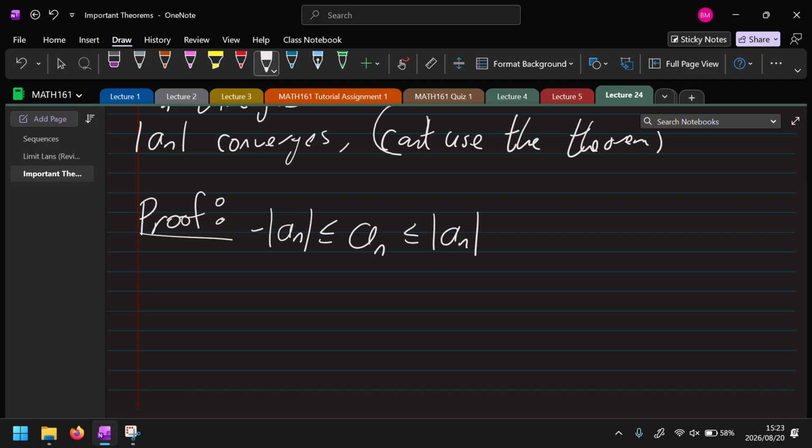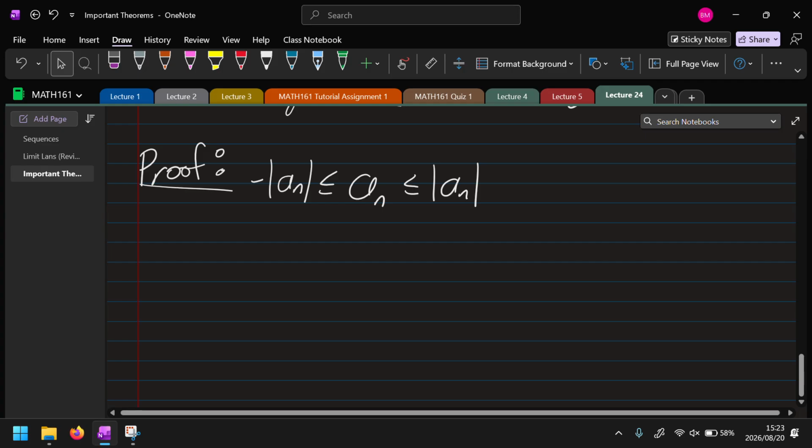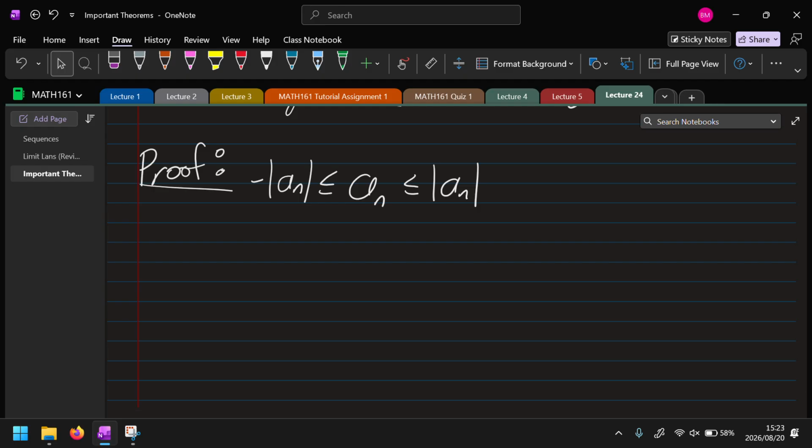Because minus the absolute value will always be negative. So it's larger than that. So we see we have it bounded between those two absolute values. Now that sets up for squeeze theorem. We can do the limit throughout and then check. The limit on the left side matches the limit on the right side. Then that's the same as the limit of the middle. Right? Squeeze theorem from last year.